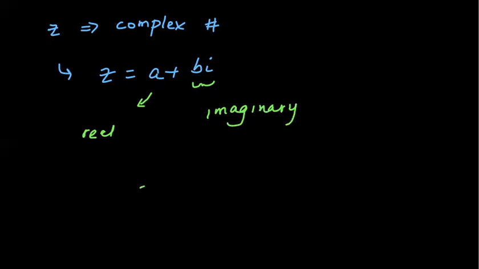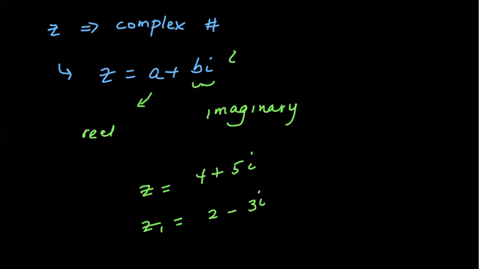So an example of a complex number is 4 plus 5i. Another example, 2 minus 3i.